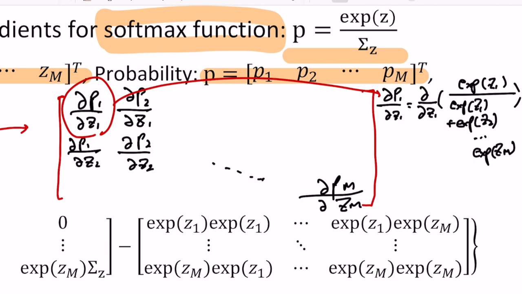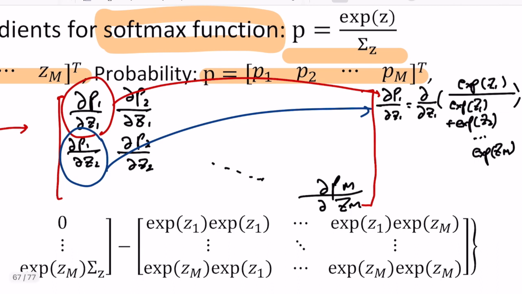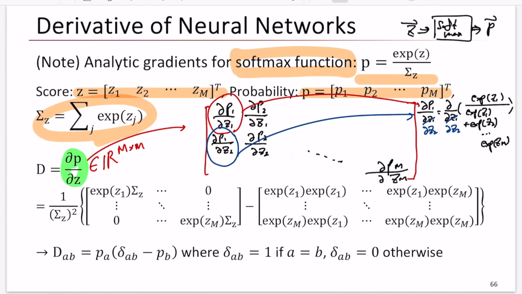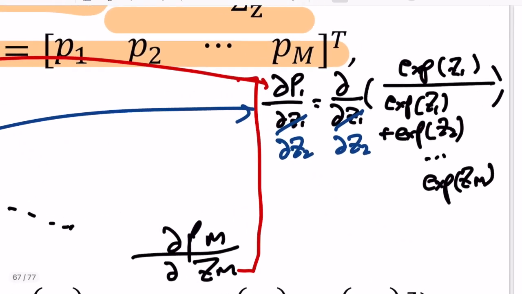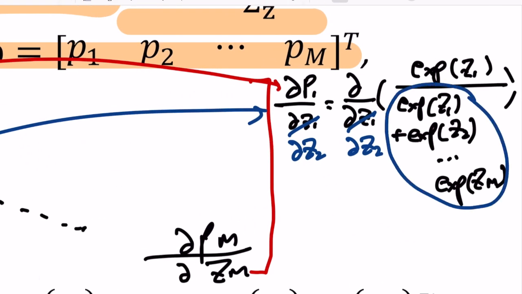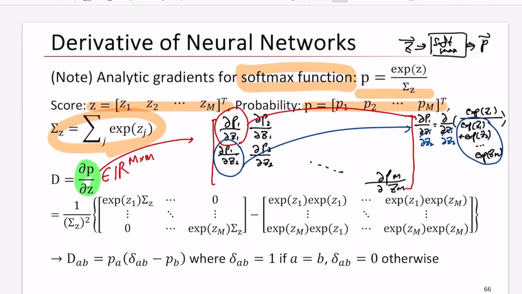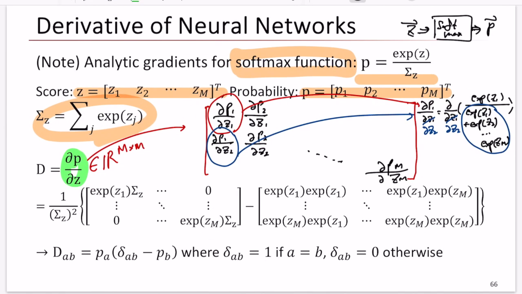And similarly, when we consider this one, it's going to be G2, right? So it's relatively complicated compared to the sigmoid function case, because of this denominator term. But still we can do that. So please try to derive it yourself.